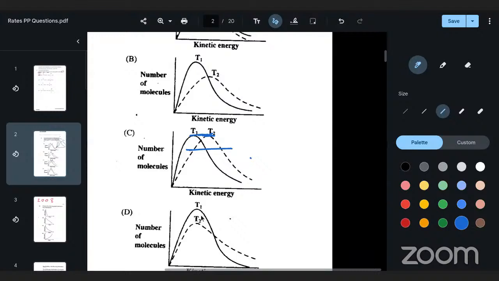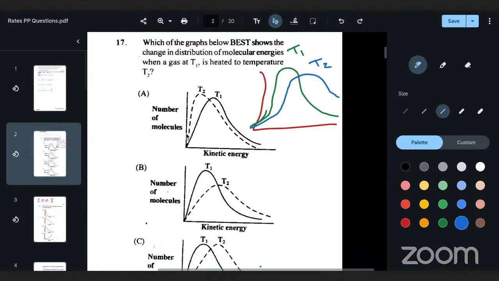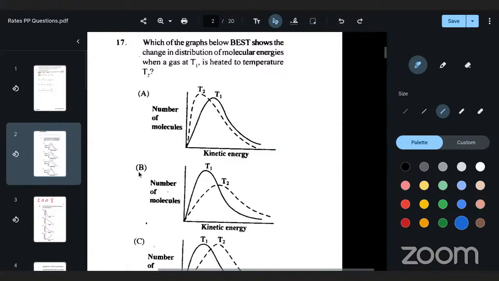This one dips, but it doesn't really shift. So we said the answer is B.